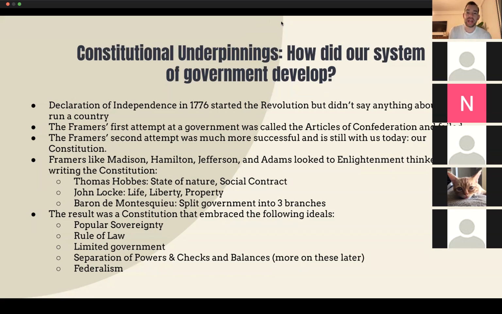And so you're right that idea of having a local or state government, yes, that does trace its roots to ancient civilizations like ancient Greece. What was new was having to unite those under one federal government.